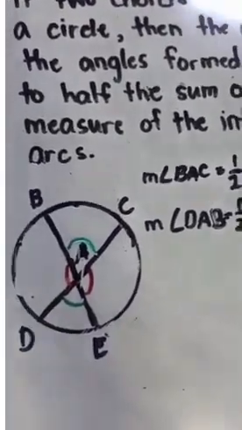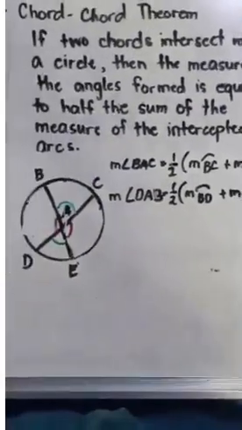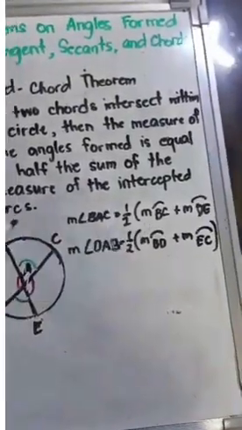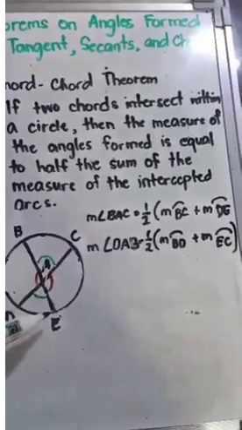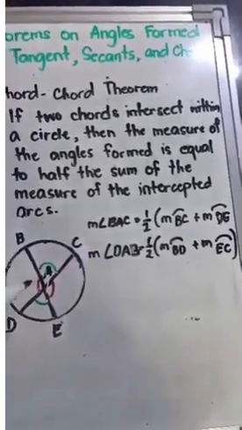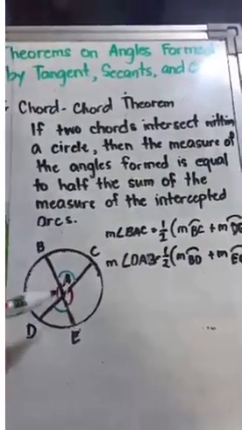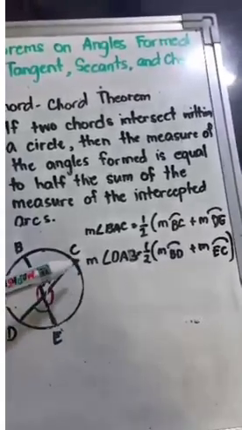Now, what does the theorem say? The measure of angle BAC is half the measure of arc BC plus arc DE. Then, the measure of angle DAB is half the measure of arc BD plus arc EC.